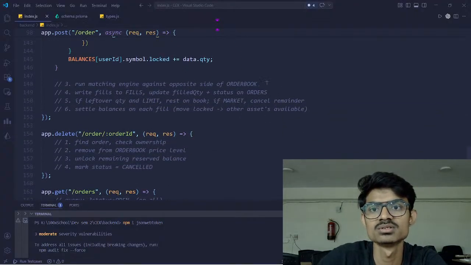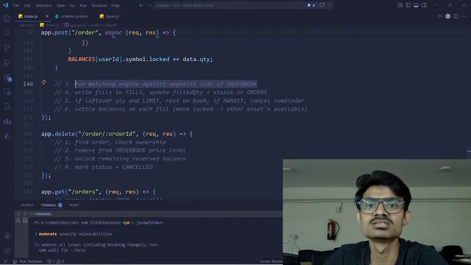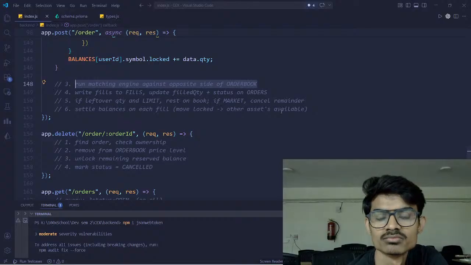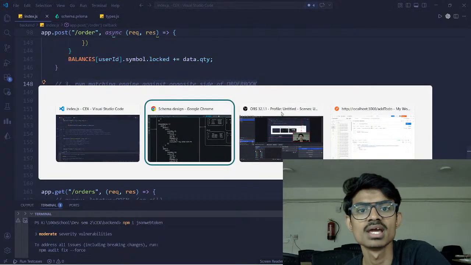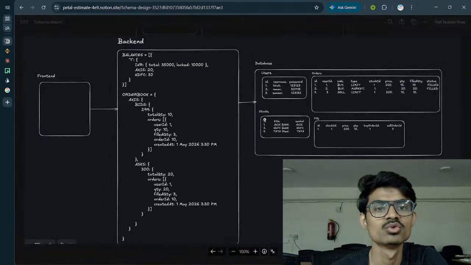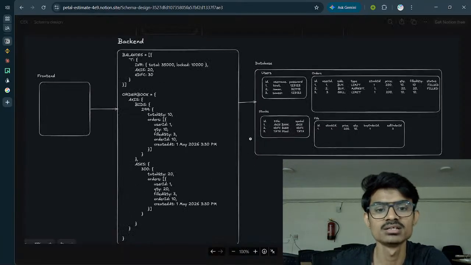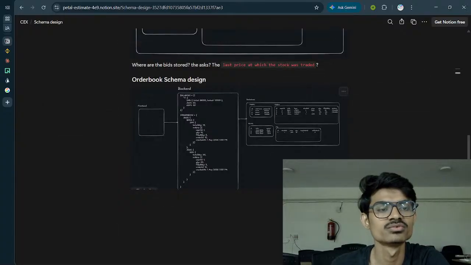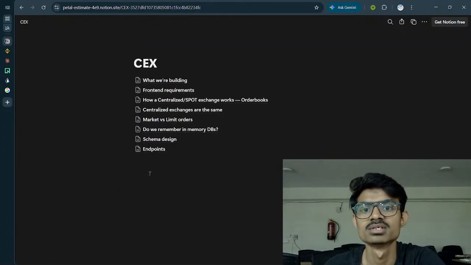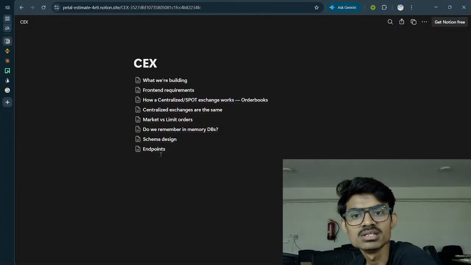Now let's focus on run matching engine against opposite side of order book. Now, is there anything written about this in the slide? What do you mean by run matching engine? I can try to guess it by myself by thinking about it, but it would be better if I could read about it somewhere. What exactly does matching engine mean?